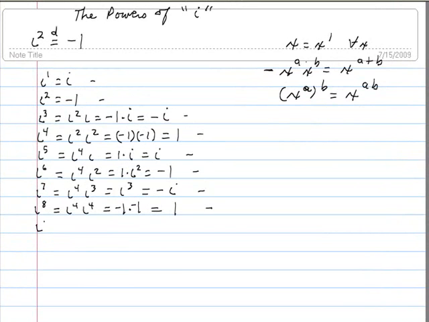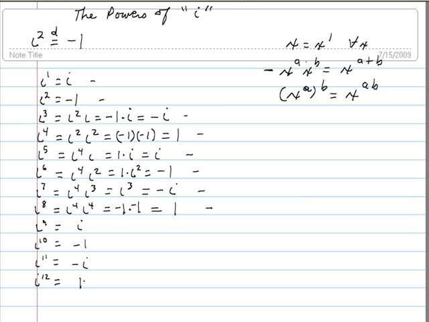And if I went and developed i to the 9th, i to the 10th, i to the 11th, and i to the 12th, all I would be doing would be repeating that pattern again. So i to the 9th would be i, i to the 10th would be -1, i to the 11th would be -i, and i to the 12th would be 1. And that would just go on for i to the 13th, 14th, 15th, 16th, etc.